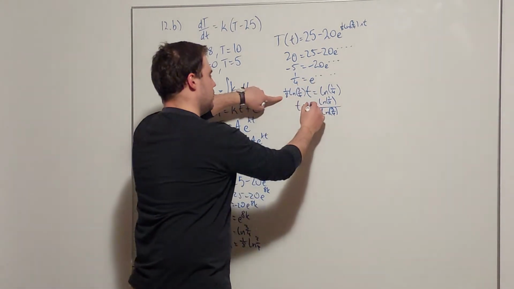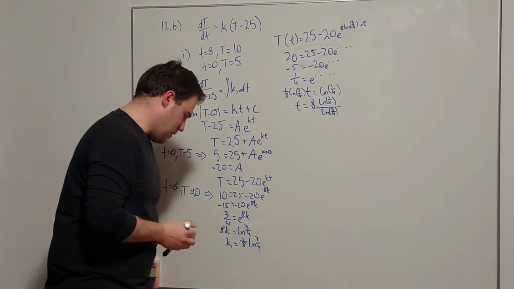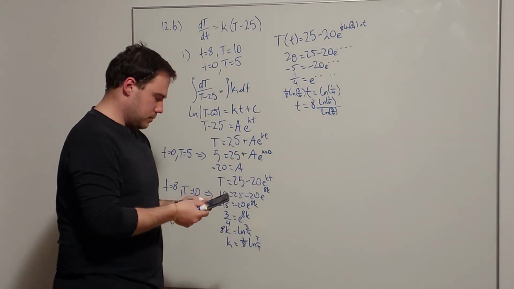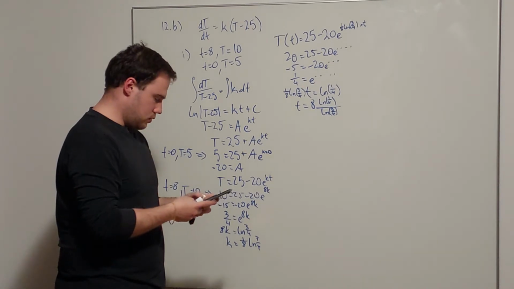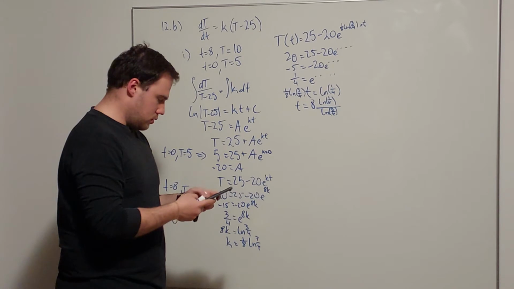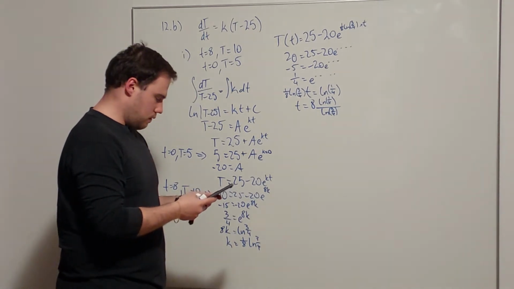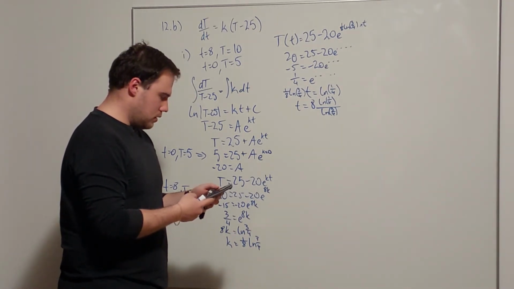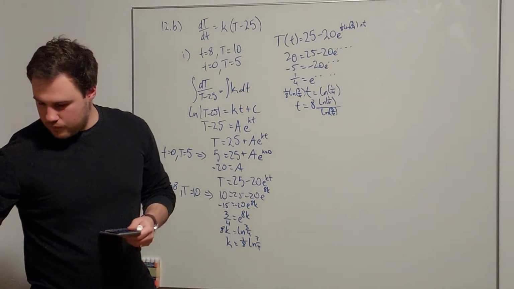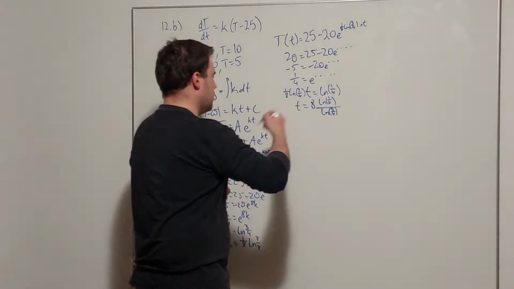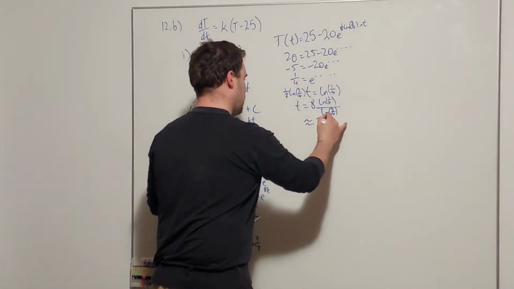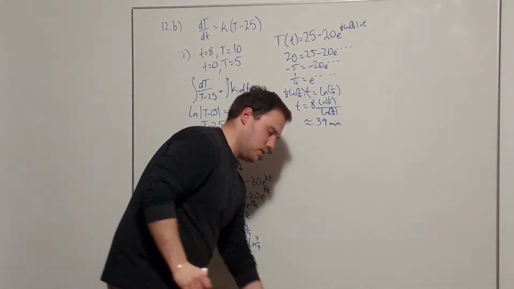And if we times the 8 up there, we're going to get 8 times natural log of 0.25 divided by natural log of 0.75, so I get 38.55 and so on, which is around about 39 minutes to the nearest minute.